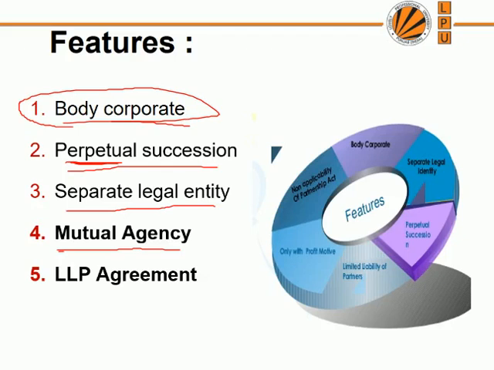Mr. A and B both are the partner in a limited liability partnership. Mr. A has done some misconduct. This misconduct will not impact the liability of Mr. B, right?